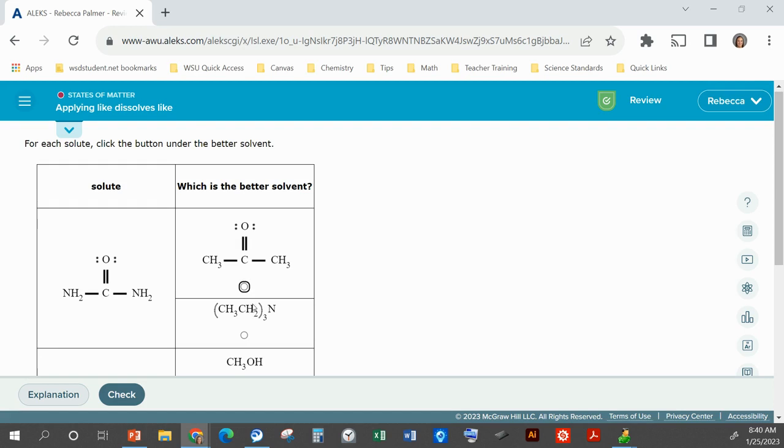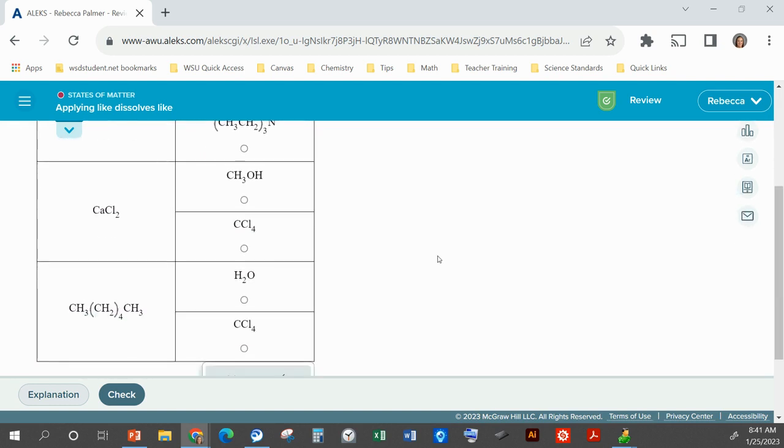So out of these 2 solvents, I would probably pick this one because this is my reasoning. They look really similar. They both are polar, but this one doesn't have hydrogen bonding. If I had hydrogen bonding, that would be the better option, but this one doesn't, so I'm going to pick that one. Okay. So I got some wrong yesterday in my class, so I'm just trying to explain to you what I'm thinking, and then we can go back if I miss it.